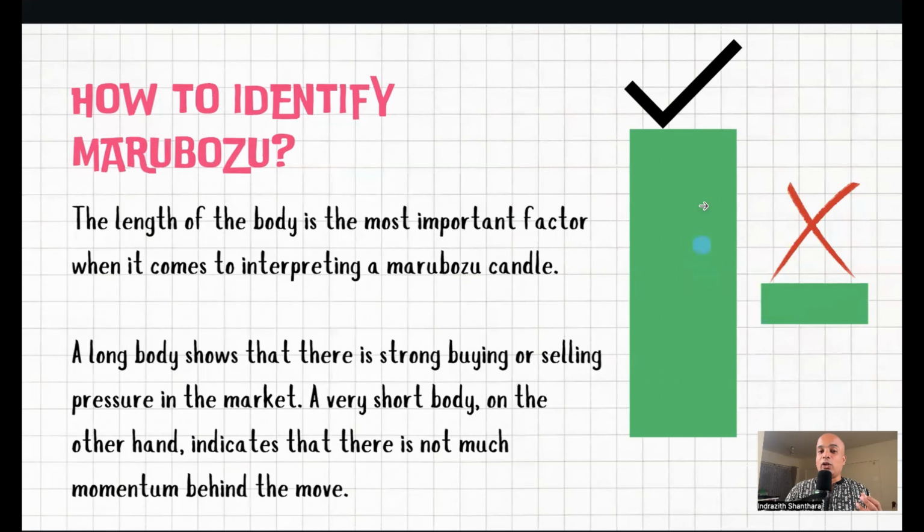So a long body only indicates strong buying in case of bullish Marubozu or strong selling in case of bearish Marubozu in the market. A very short body, on the other hand, will not indicate or bring more momentum, right?